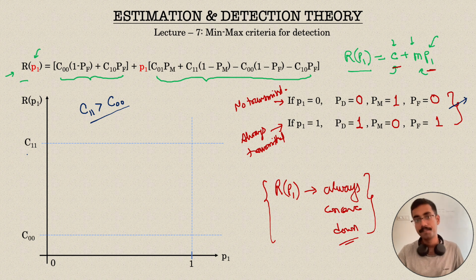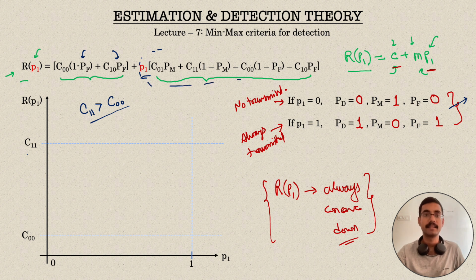This would help us in certain assertions that we'll be seeing. So for example, if P1 is 0, you have PF as 0, and also you have PD as 0. So if P1 is 0, this entire term cancels out.